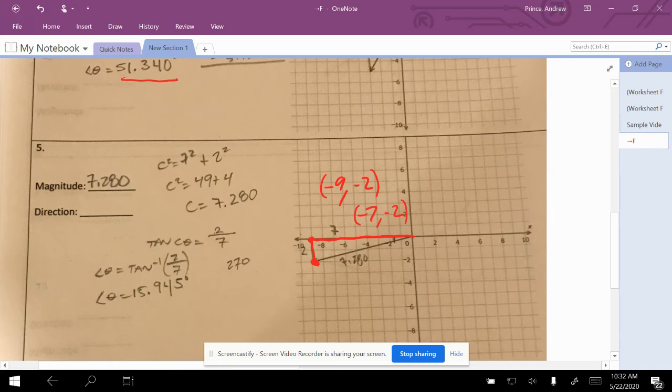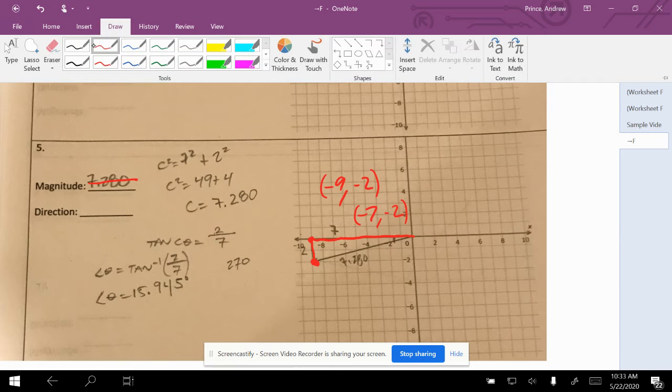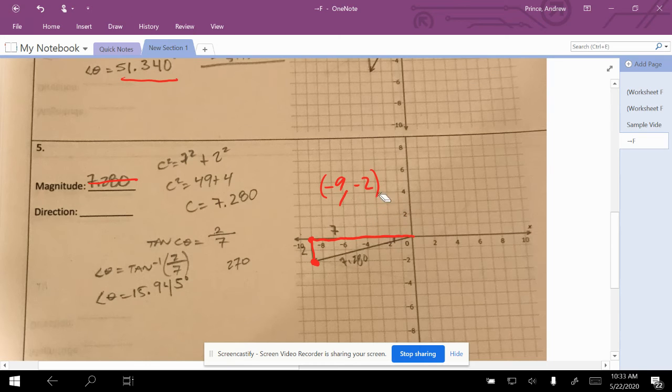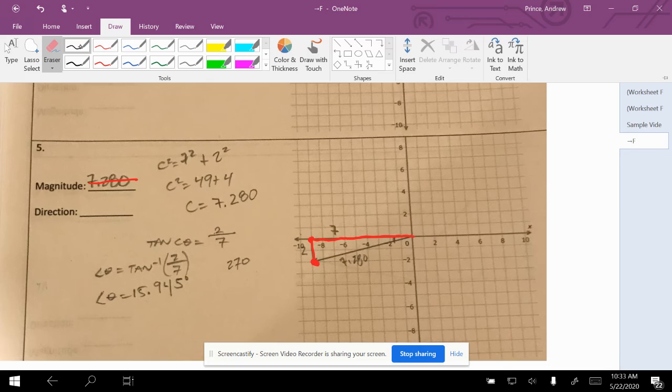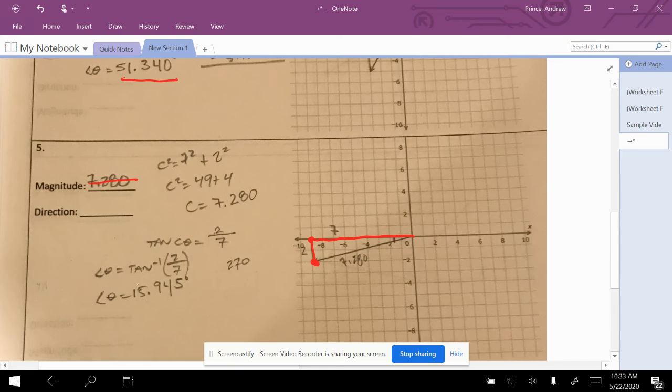So get the right magnitude, and then if you want a little bit more work through on finding the angle that you're missing, you have your sides already, right, like you have here. So as long as you change this to 9, it looks like the work that you have written here would work, because this is your angle you're looking for, and the opposite, which is 2, over the adjacent, which is 7.